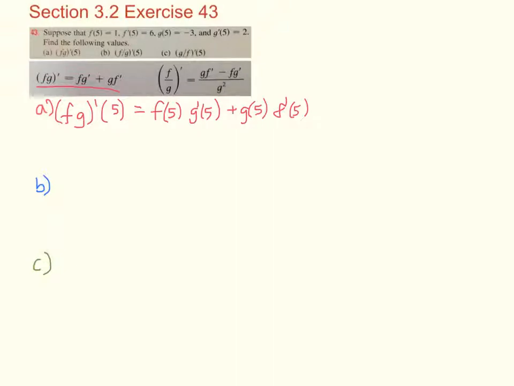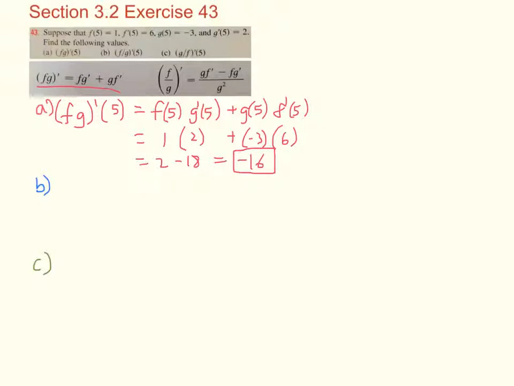So we're going to substitute in the numbers. The function f at 5 is equal to 1, g prime at 5 is 2, g at 5 is negative 3, and f prime at 5 is 6. So we multiply those out. 2 minus 18 is going to give us negative 16. And so (fg) prime at 5 is negative 16.